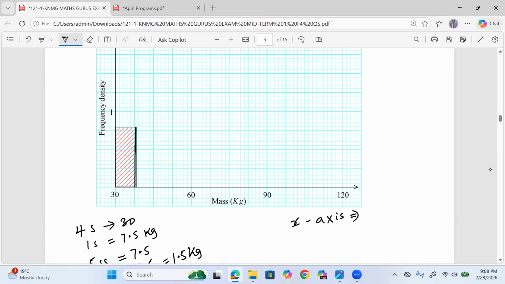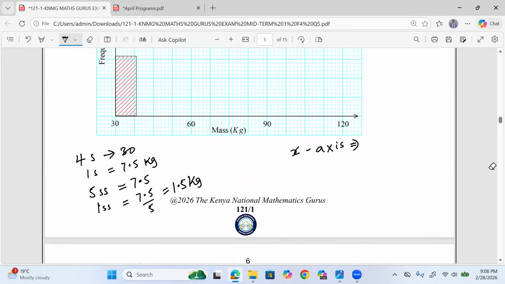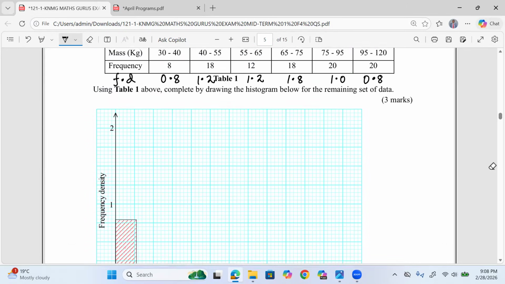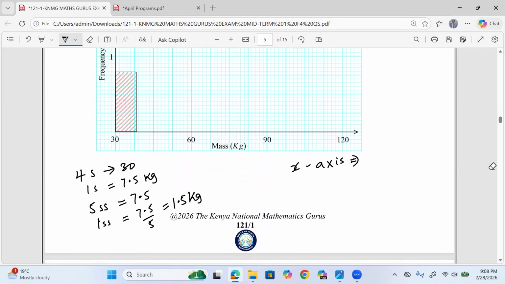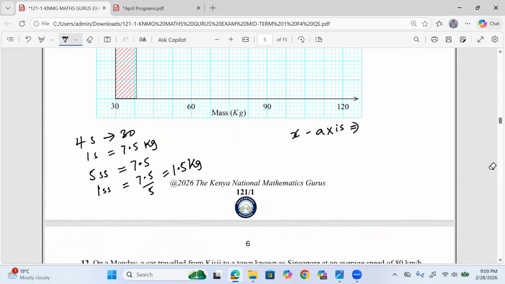So one small square is representing 1.5. And now we want to move. Let's look now at the diagram keenly. For us to move from 30 to 40, that is 10 units, or rather 10 kg. We have established that on the x-axis, one small square is representing 1.5 kg.